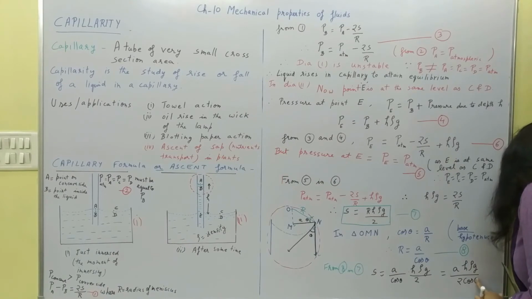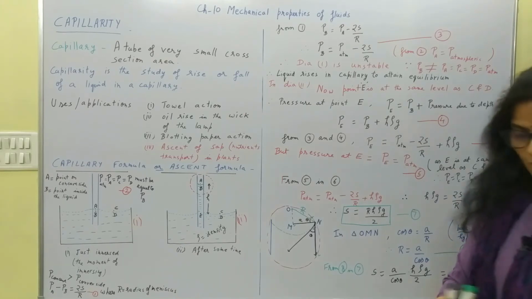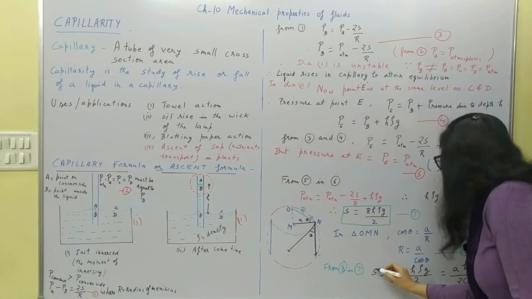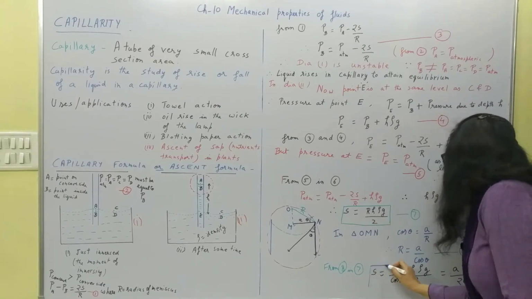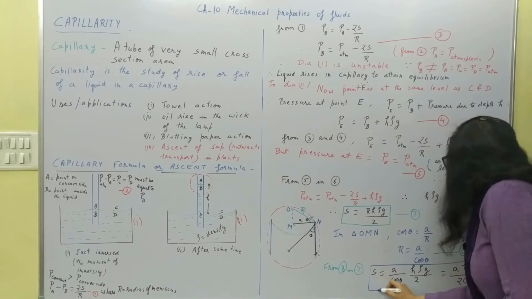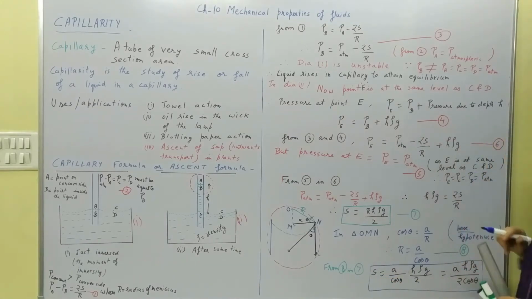This is the surface tension. Right? So this is the ascent formula, and this gives rise to a relation between the radius of the tube, or you can say the capillary, and the height of the liquid.